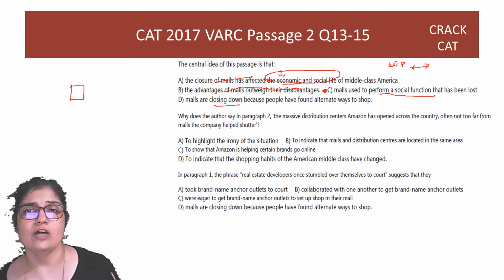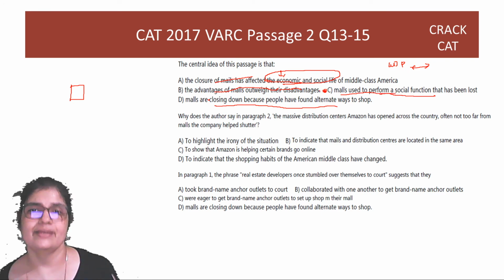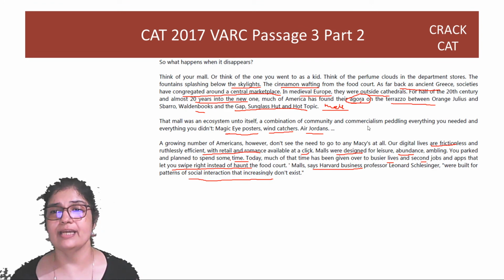Malls are closing down because people have found alternate ways to shop. That is not the central idea. This is also true, but the main point is that malls used to perform a social function that has been lost. So this was a very tricky question, right? Because a lot of things seem right. All of these things are spoken in the passage, but if you see the last paragraph, malls were designed for leisure, abundance, ambling, right?